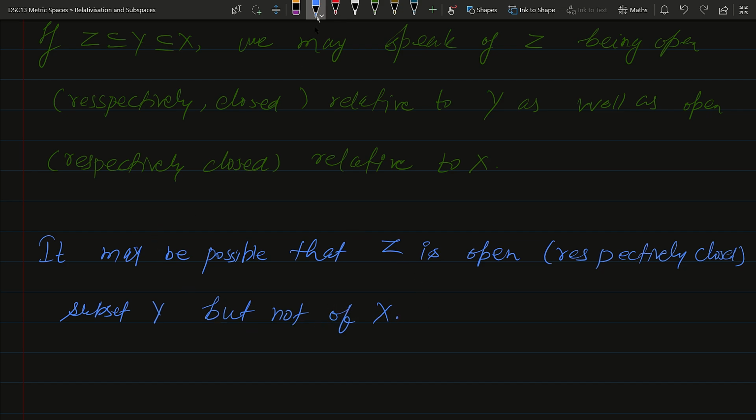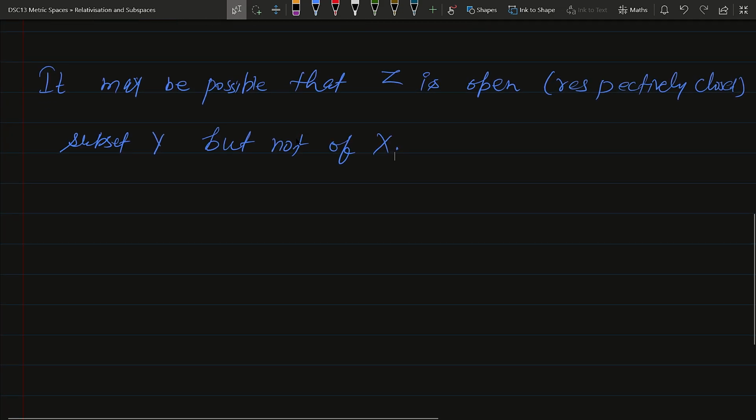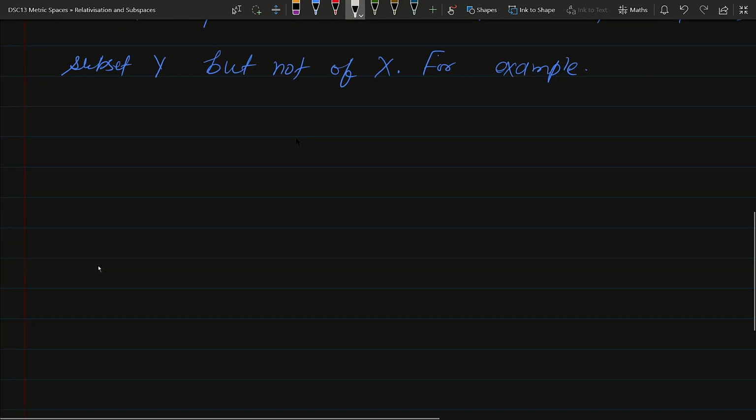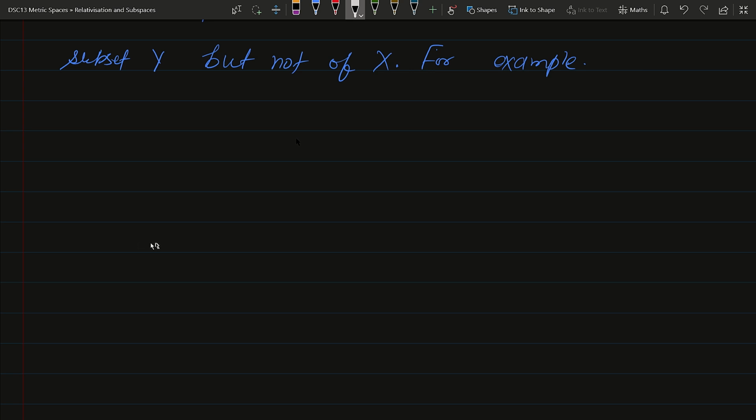Okay, so if you want to see कि ये कैसा हो सकता है, so you can see, for example, let us consider the metric space X when X is R square.